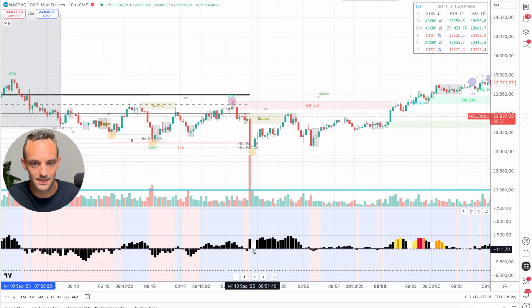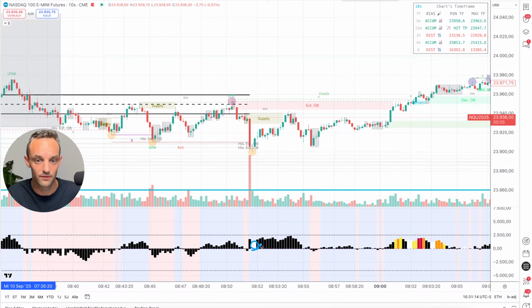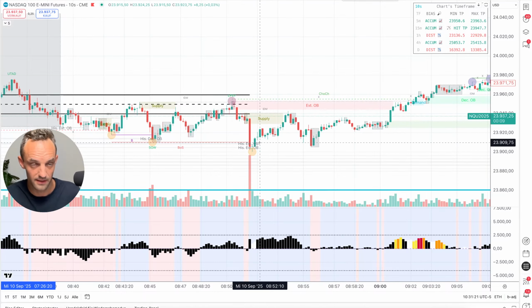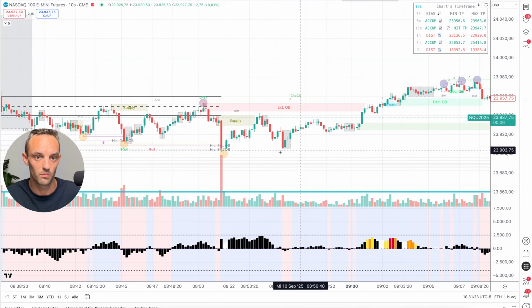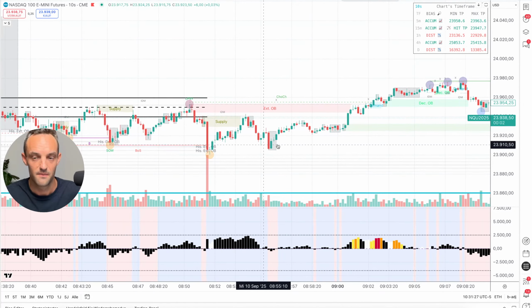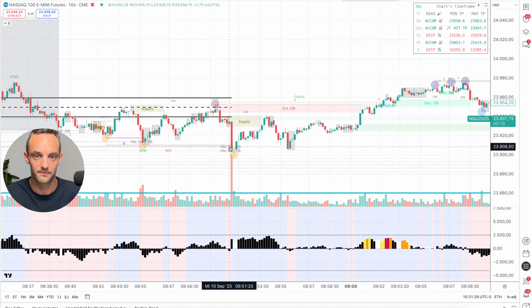And after this, we saw two colorful candles here in the buying zone. If you see these kind of things on the 10 seconds, you need to think, oh, my short trades, I need to close, need to exit. Put my stop to break even, something like this.